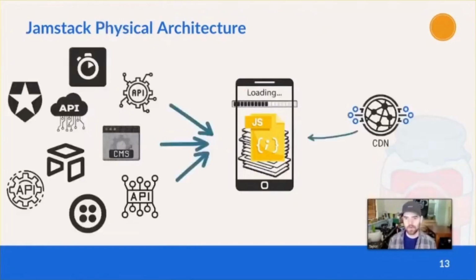But what was this like when we hit the physical architecture? When we actually deploy it into the real world or the cloud, what does that end up looking like? Well, you can see on the left side here, I've sort of exploded that single API into what it actually is, which is any number of services that provide all those features.